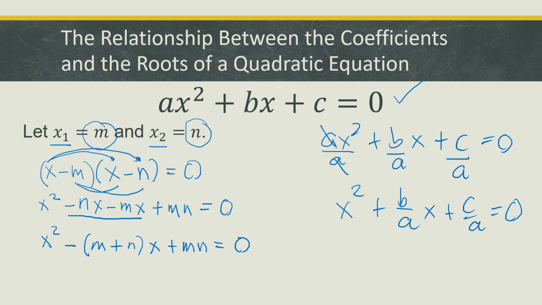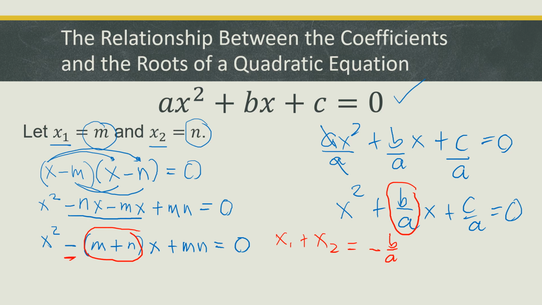Here we have the sum of the roots, which is negative, and it is the same as b over a. So we can say that the first root added to the second root is equal to negative b over a.